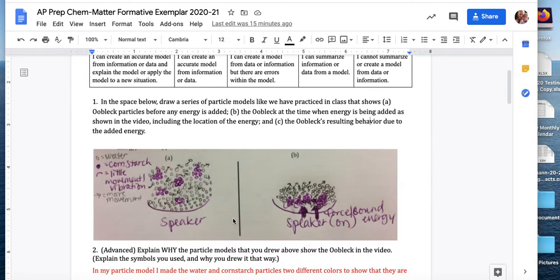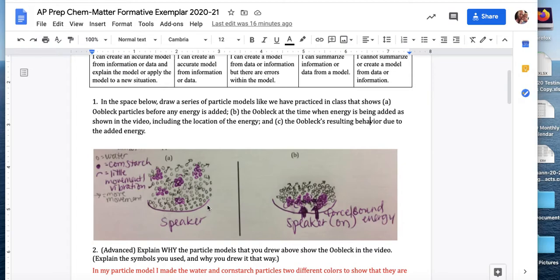I should see some sort of differentiation also in the movement of the solid and the liquid particles. Like in mine, I drew the arrows for the liquid particles because they're moving more. And then I just had these little vibration lines for the solid cornstarch particles because they only vibrate and don't move very much. But there definitely is movement here, and I should see that as part of your model.